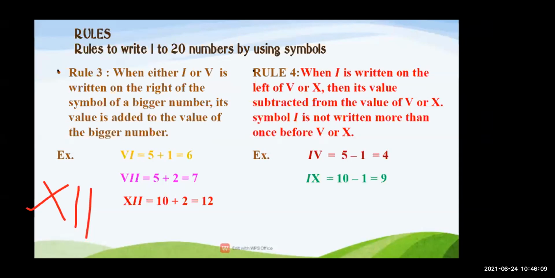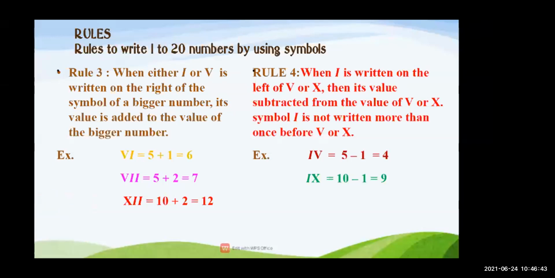It is 12. So 10 plus 2 becomes 12. So just remember this: when it is written on the right side, we have to add it to the bigger number, and the value will be added over there, on the bigger number.